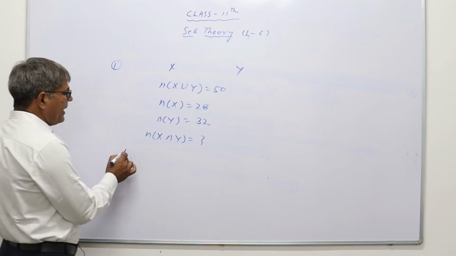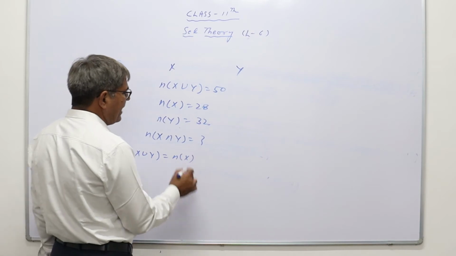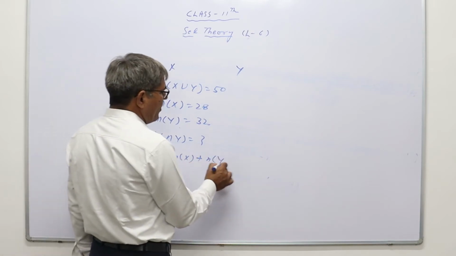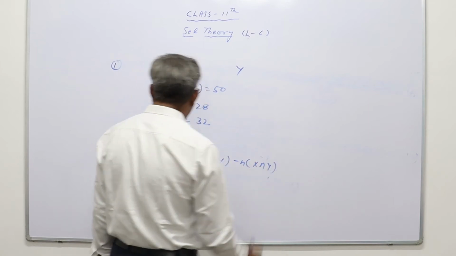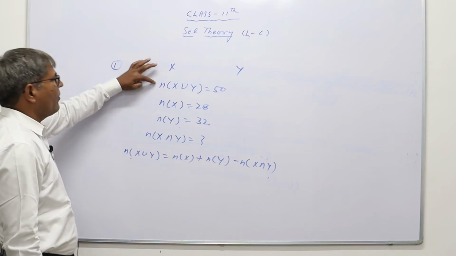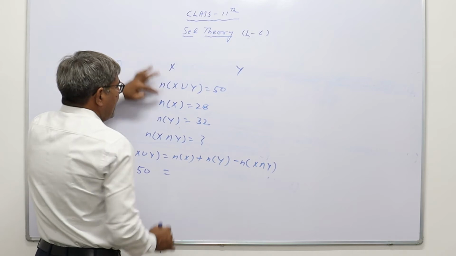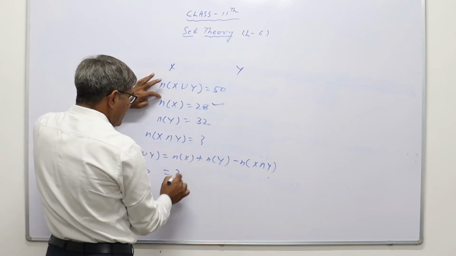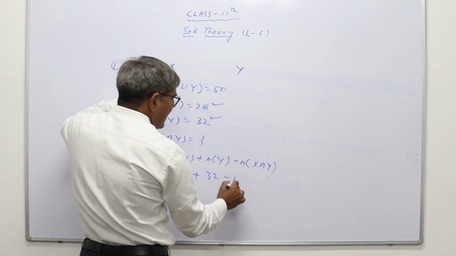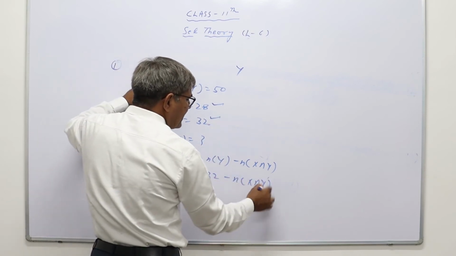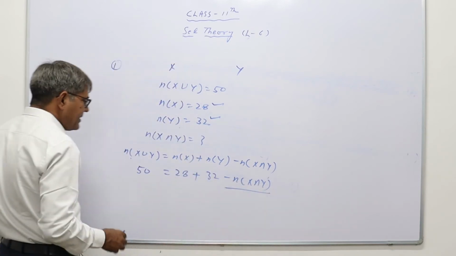So we know that n(X union Y) equals n(X) plus n(Y) minus n(X intersection Y). Now by substituting, n(X union Y) is given as 50, equal to n(X) 28, n(Y) 32, and n(X intersection Y) we have to find. So we transfer this term from the right hand side to the left hand side.